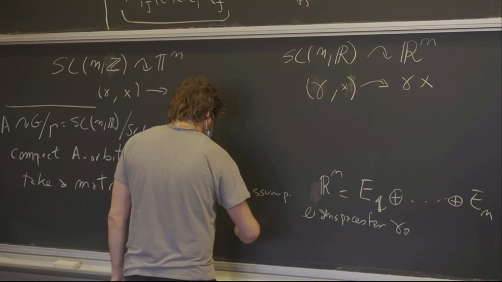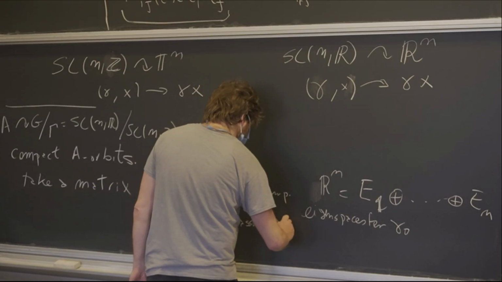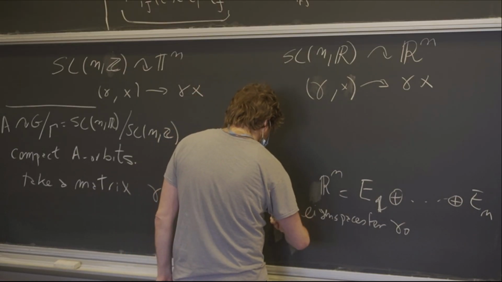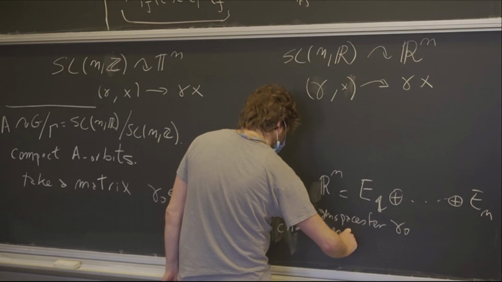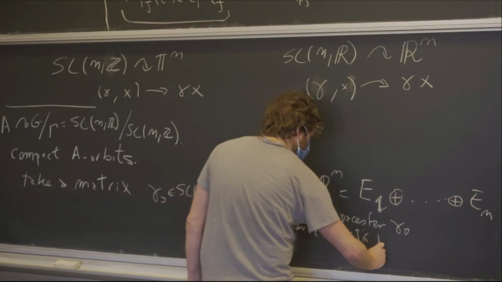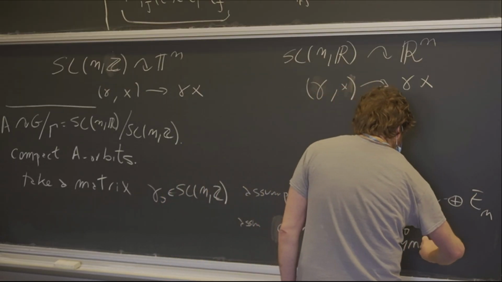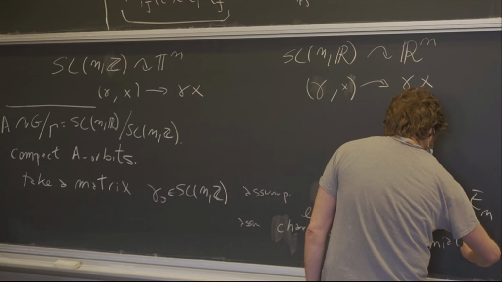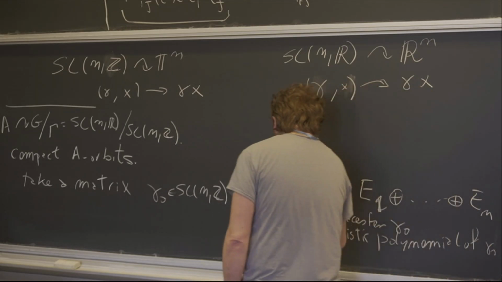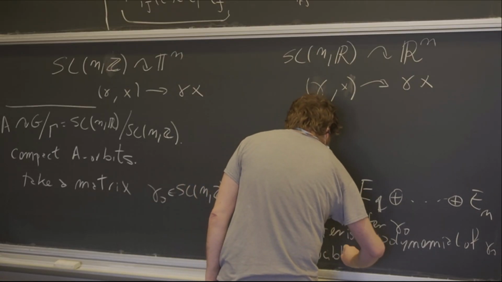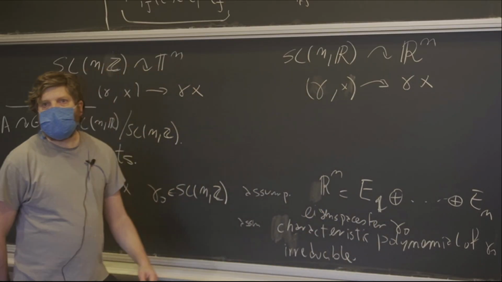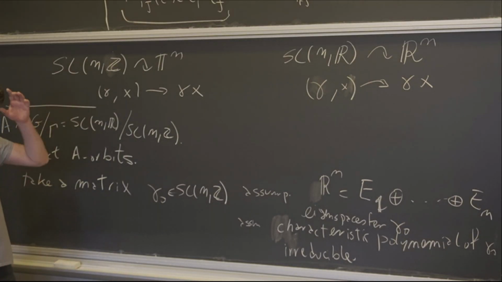So assume the characteristic polynomial of gamma naught is irreducible.